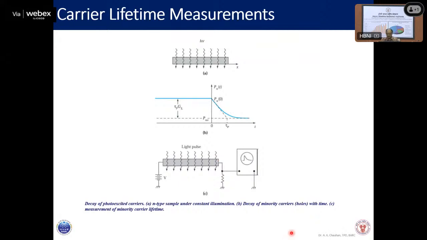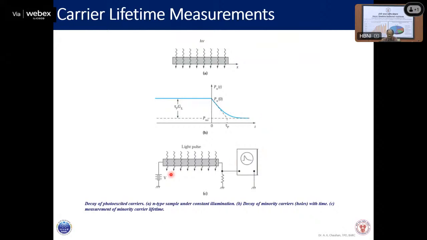Now you have a semiconductor, just put electrodes on both sides, and then apply some potential. Since it is a semiconductor, when there is no light, there will be very, very small current, the minimum current.